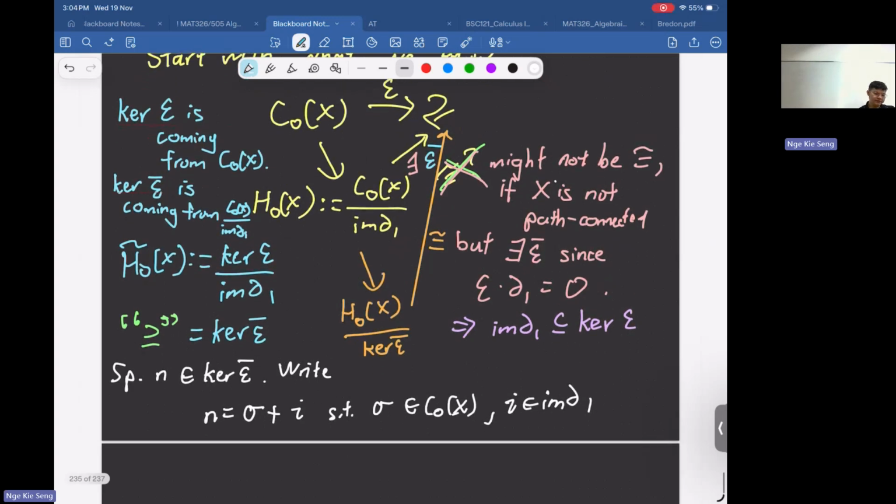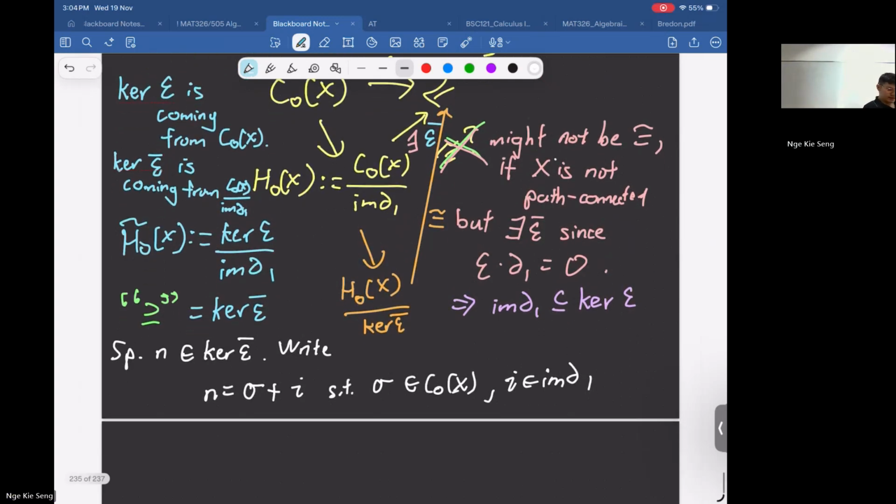Then suppose sigma is not in the kernel of epsilon. What could happen? Actually, let's not prove it this way. We just do a direct proof, no need for fancy tricks. Okay, so we just apply epsilon bar on n. We know that its value is 0.